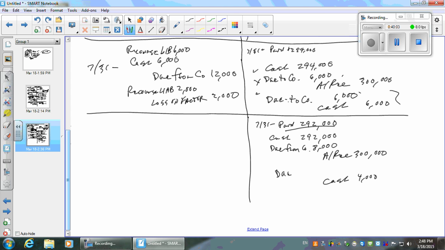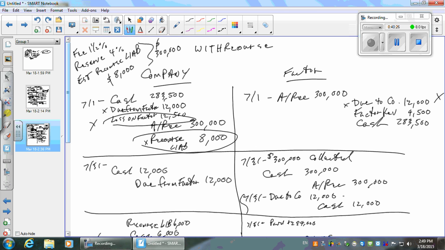Due from company. That'll be due to. Where is it due to? They're giving cash out and they owed it, so it would be due to. It is due to company because we owe them.